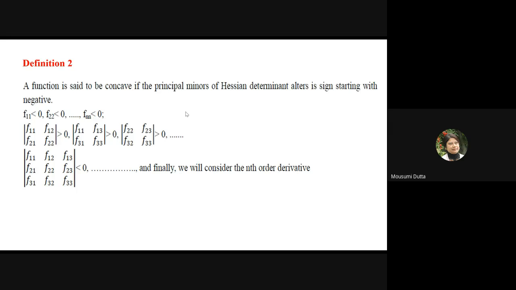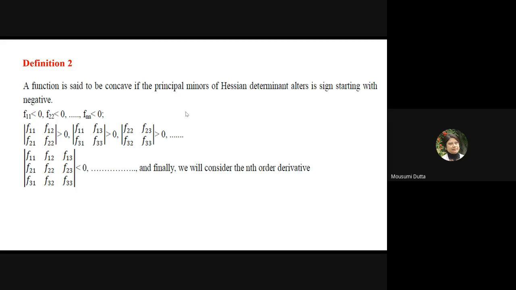So next, this kind of definition, you are familiar with this kind of definition too. A function is said to be concave if principal minors of the Hessian determinant alternate in sign starting with negative. So f11 less than 0, H2 determinant greater than 0, and so on up to Hn.